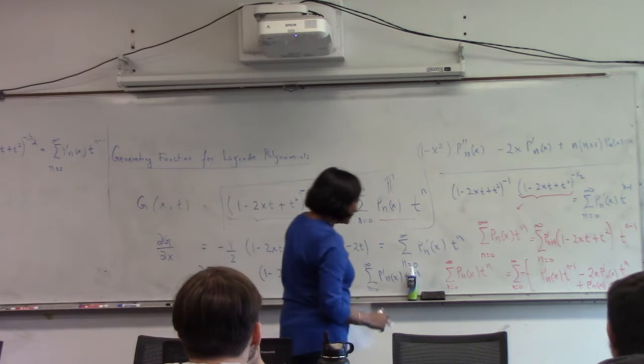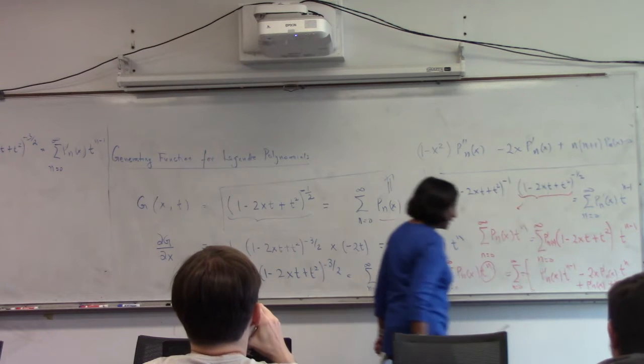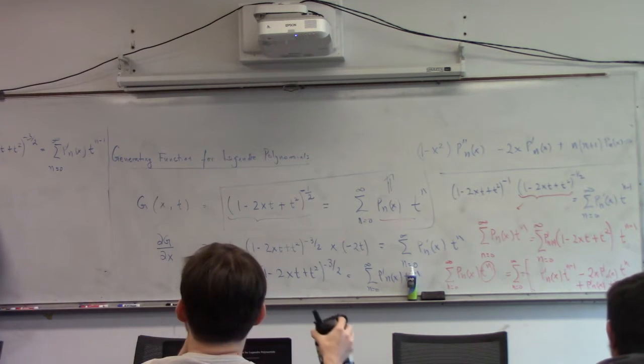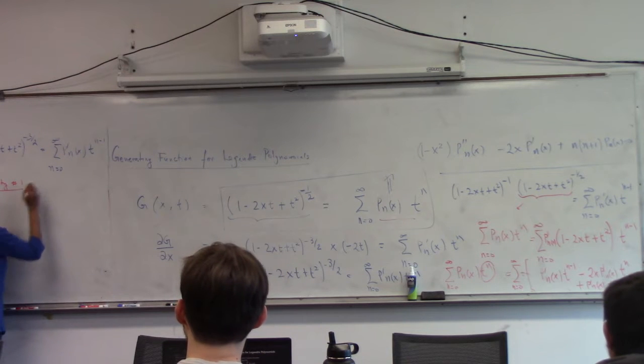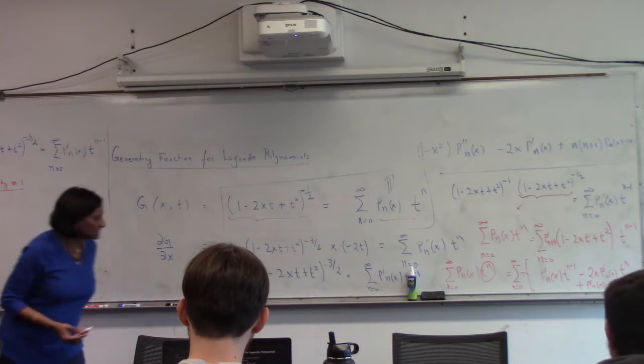So if I compare the same power, because this is an equality, same power of t, let us say I want to compare the coefficient of t to the power of n. If I did that, I'll come up with some identity on the Pn's.